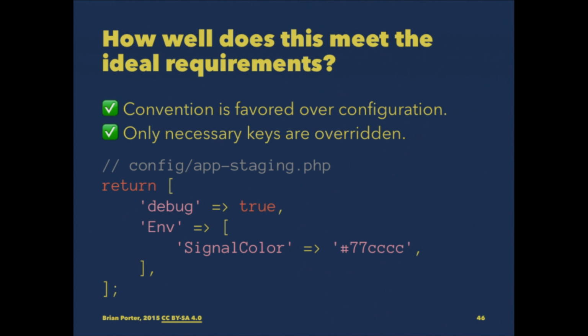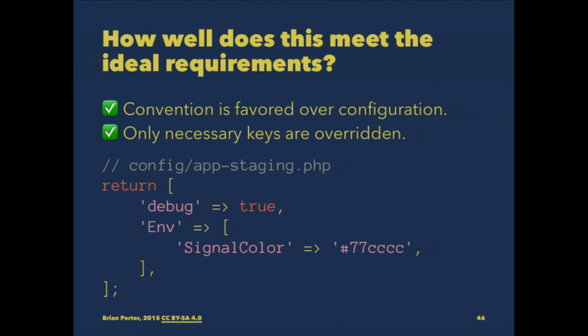Because our secondary config files only define overrides sparsely, we've kept our maintenance work to the minimum. So whenever we're going through and updating a config key or adding a new config key, we've reduced the chances that a developer is going to forget or miss one of those config files. Ideally, if they at least get production, it will at least be correct when it goes out the door. So that's at least the default case.